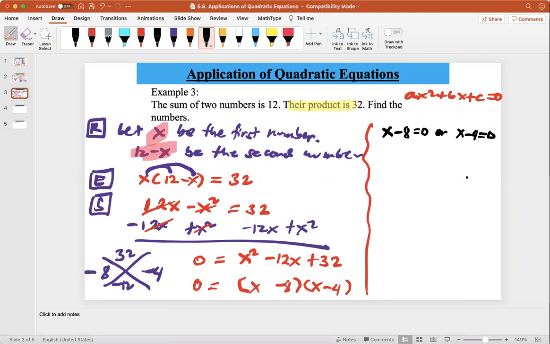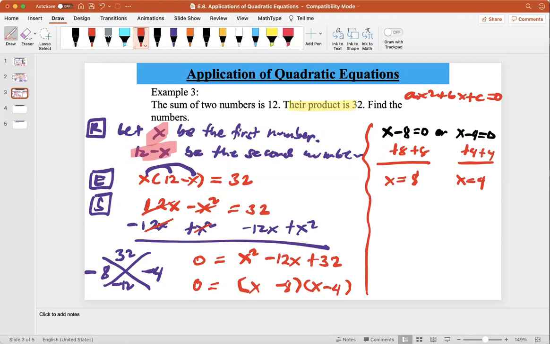All right. So let's solve for x minus 8 equals 0. We add both sides by 8. What's your x now? X equal to 8. How about x minus 4? That's plus 4, plus 4. You have x equals 4. But these are only your x.